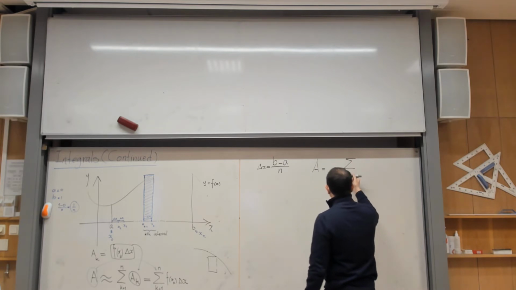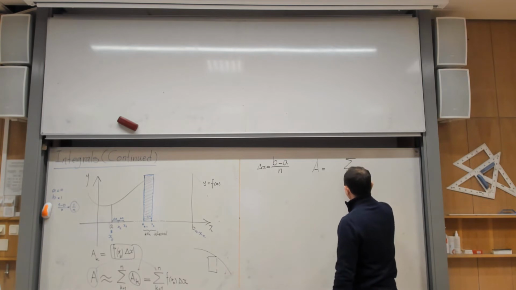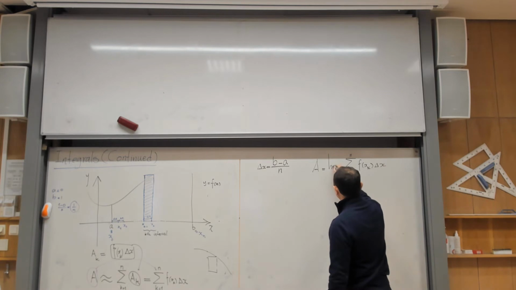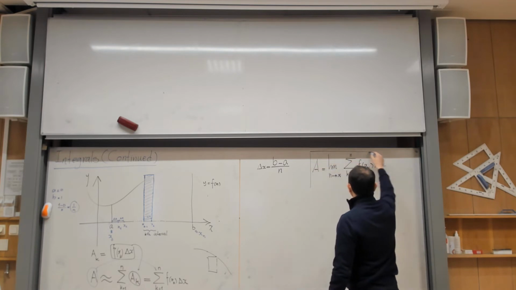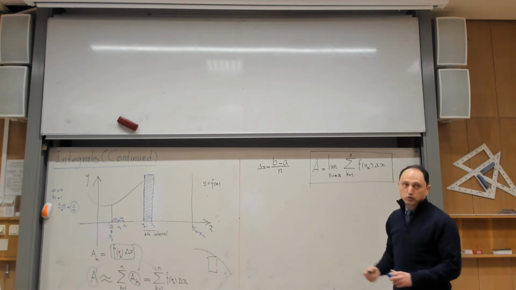You can write in principle k goes from 1 to infinity, but this is not the proper way of writing. People write k goes from 1 to n of the same expression, and then take the limit as n goes to infinity. What we learned is that this formula is a reasonable formula for the area that I'm looking for.